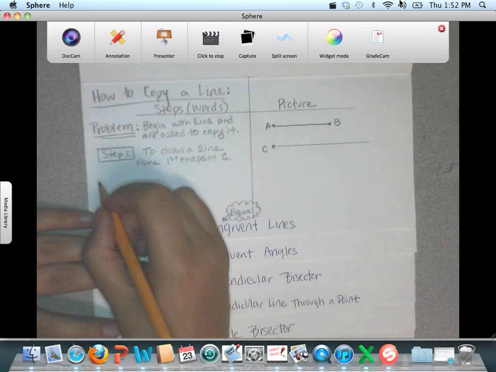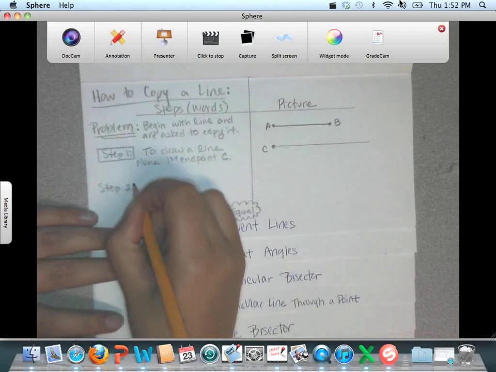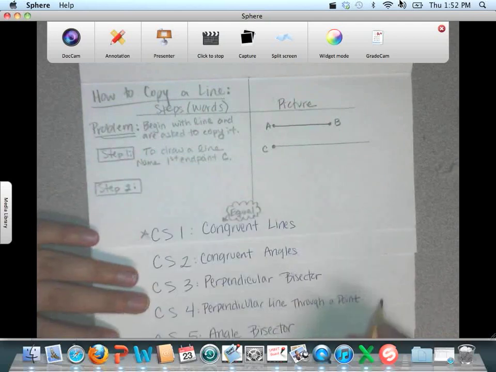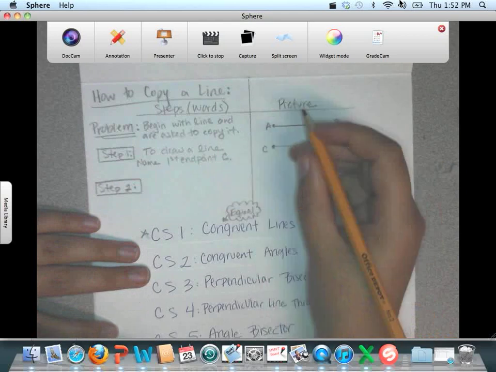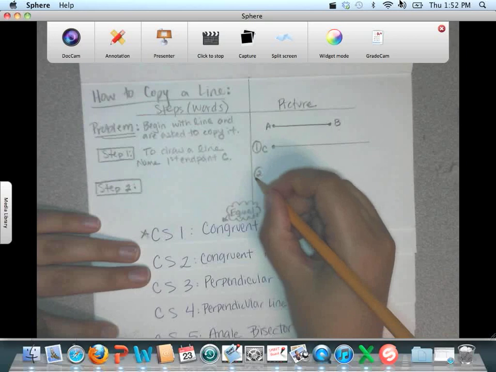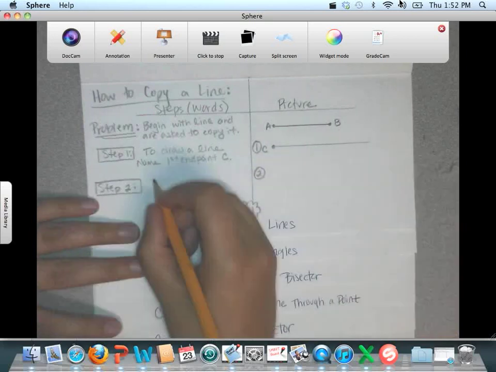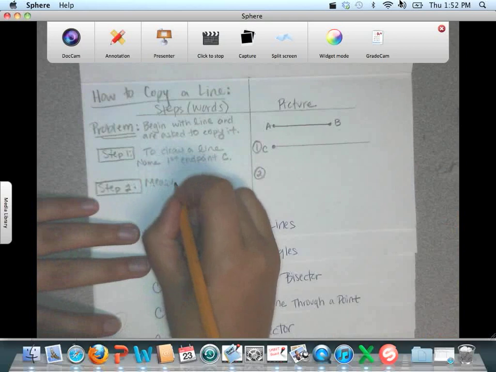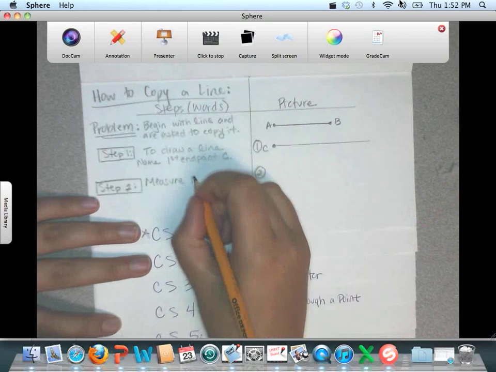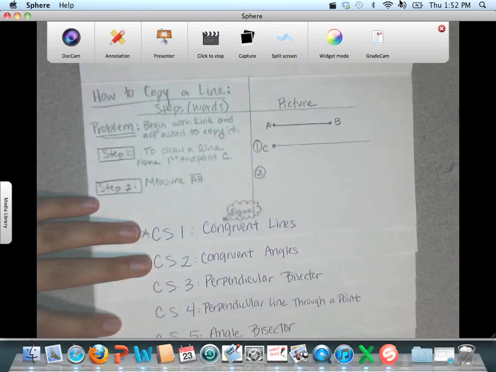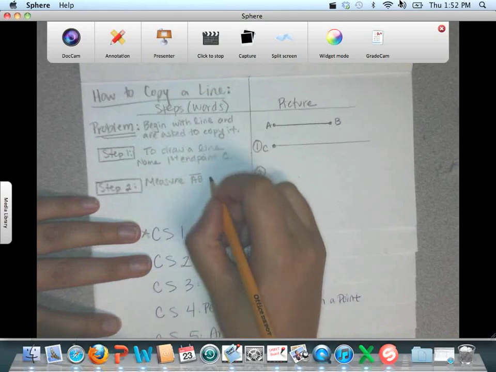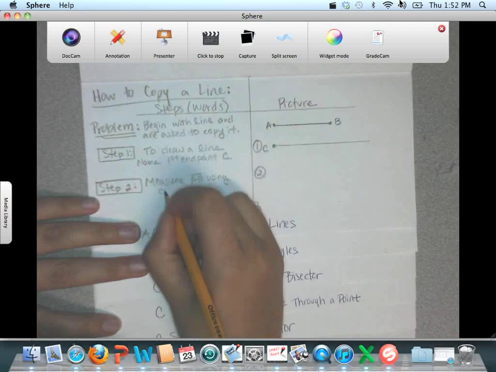Okay, step 2. If you need to number it, this was step number 1, so now we're going to do step number 2. In step number 2, you need to measure line segment AB, that's how you write line segment, with a little line on top, using a compass.